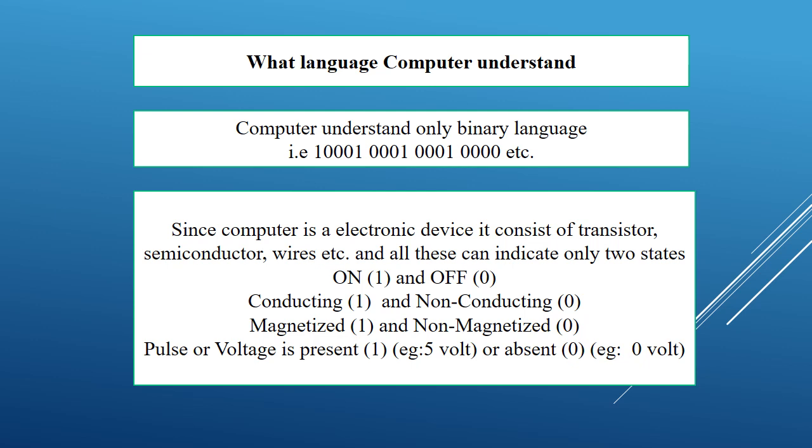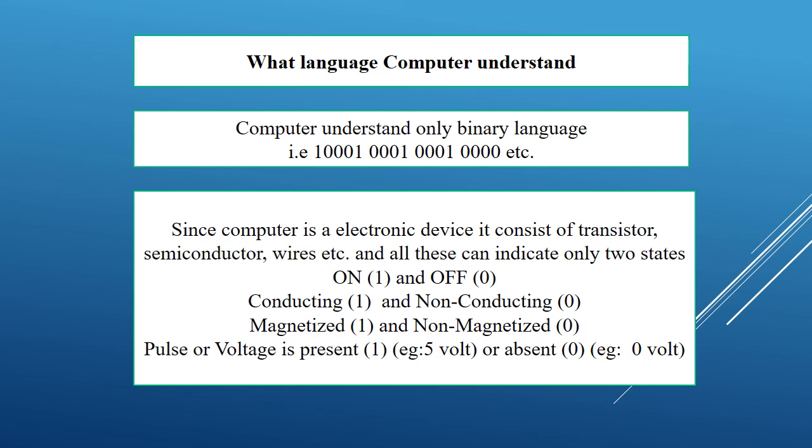Magnetized is 1, non-magnetized is 0. Presence of voltage, for example 5 volt, is 1, or absent is 0. So binary numbers are represented as on or off, conducting or non-conducting, magnetized or non-magnetized, or voltage. That is why the computer understands only binary language.